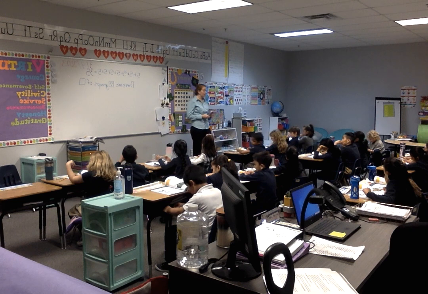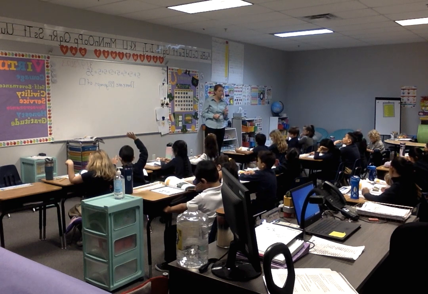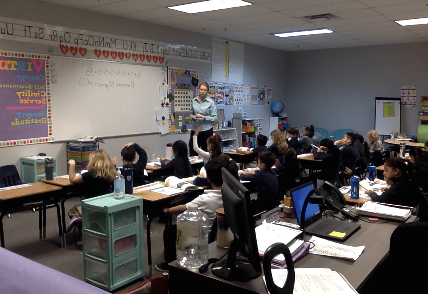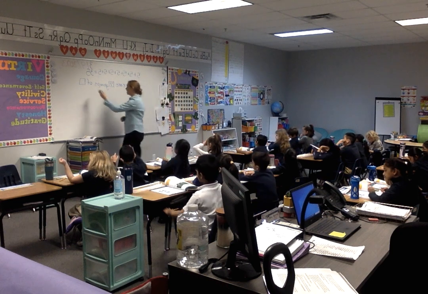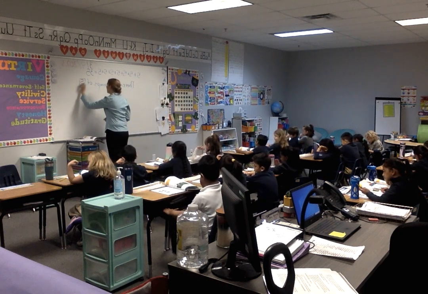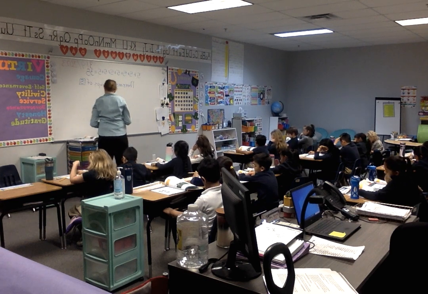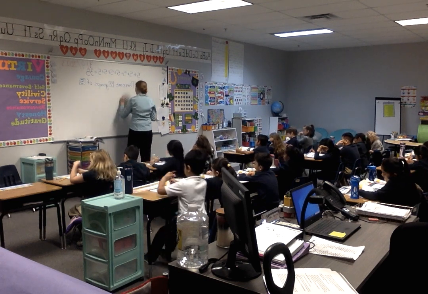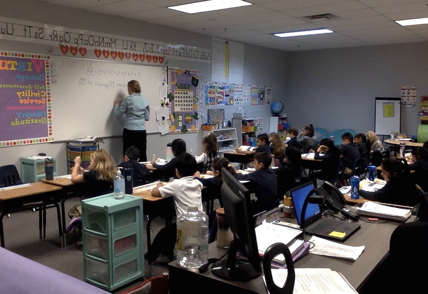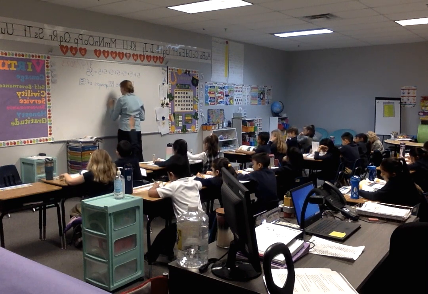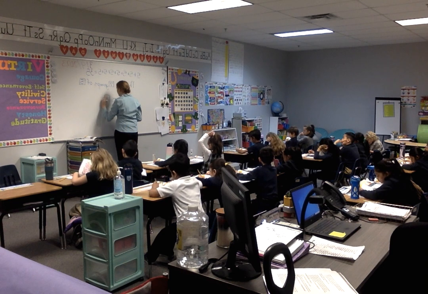No, there's 7 groups. How many are in one group? 5. So there are 7 groups of 5. Fill that in. And 7 5s we found out is what? 35, right?